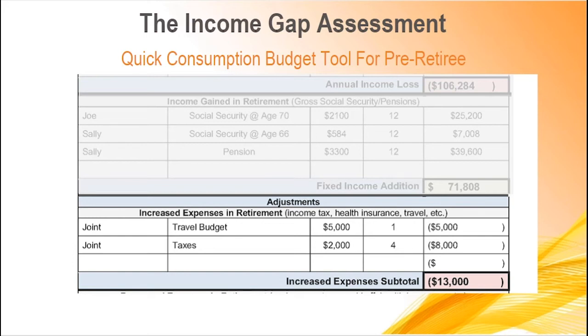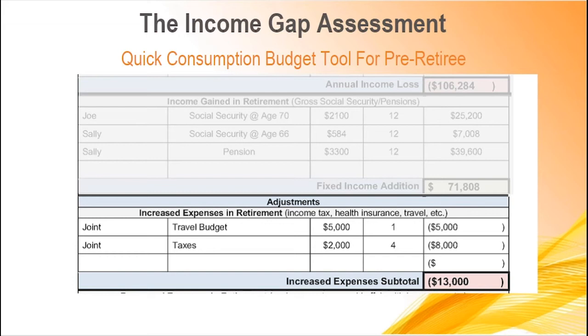And so in this case, we're showing 2 examples of increased expenses in retirement. This client tells us they want to have an additional travel budget of $5,000. They're going to go on one additional trip per year. It's going to estimate to be about $5,000. And so you can see we put in $5,000 one time per year. And then you can see we also added taxes in here.